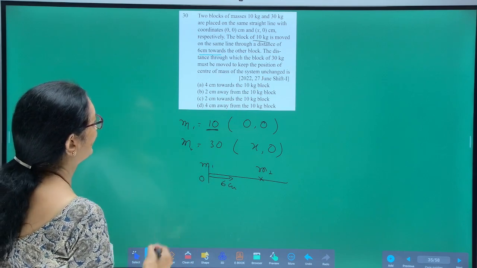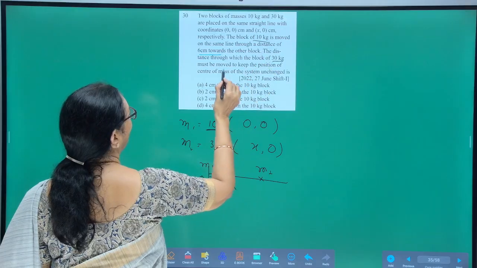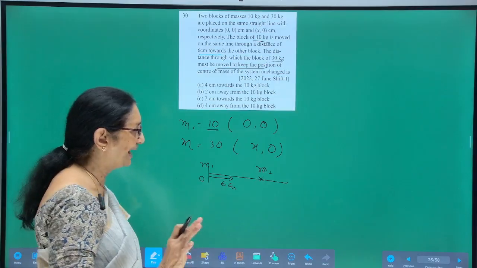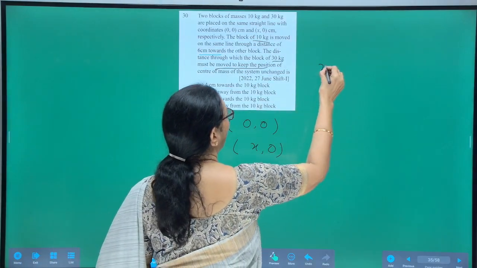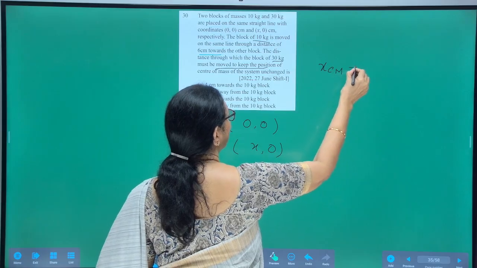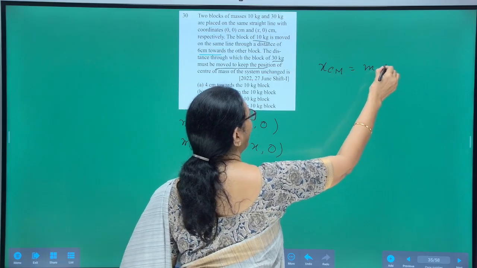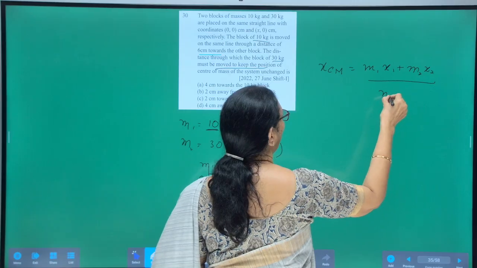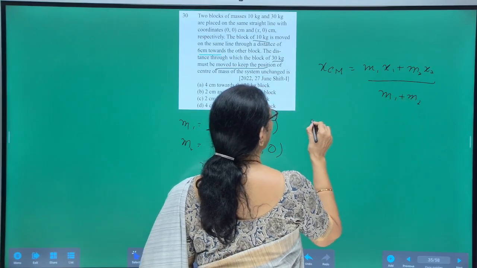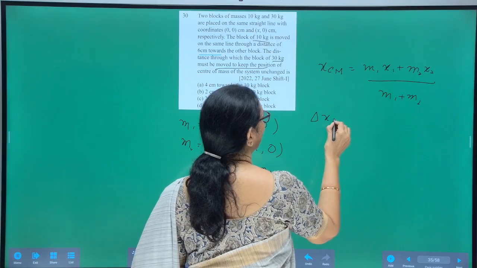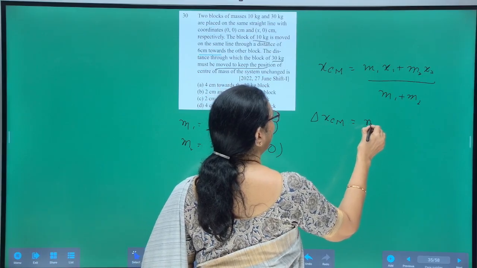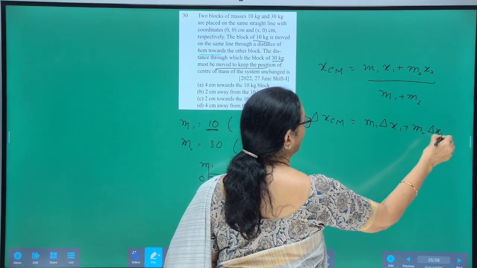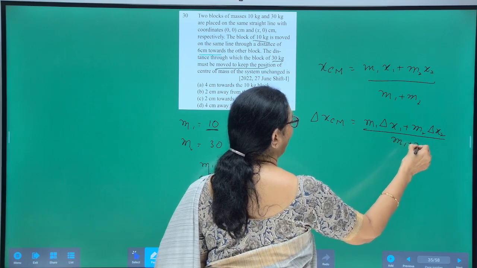What is the distance through which the 30 kg block must be moved to keep the position of the center of mass of the system unchanged? In general, the x coordinate of the center of mass is given by m1 x1 plus m2 x2 by m1 plus m2. The change in the location of the center of mass is given by m1 delta x1 plus m2 delta x2 by m1 plus m2.